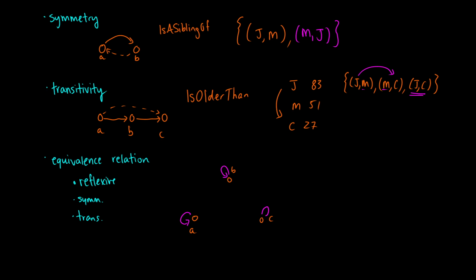By the symmetric property, if we have a relation from A to B, then we're going to have a relation from B to A back. So we might have something that looks a little bit like this. And then it's also transitive. So if A is related to B and B is related to C, then A is related to C as well.